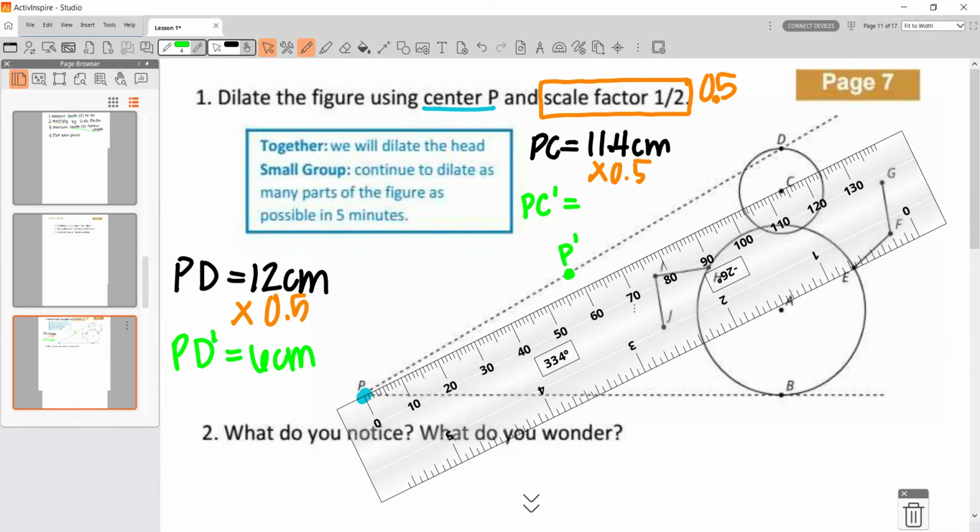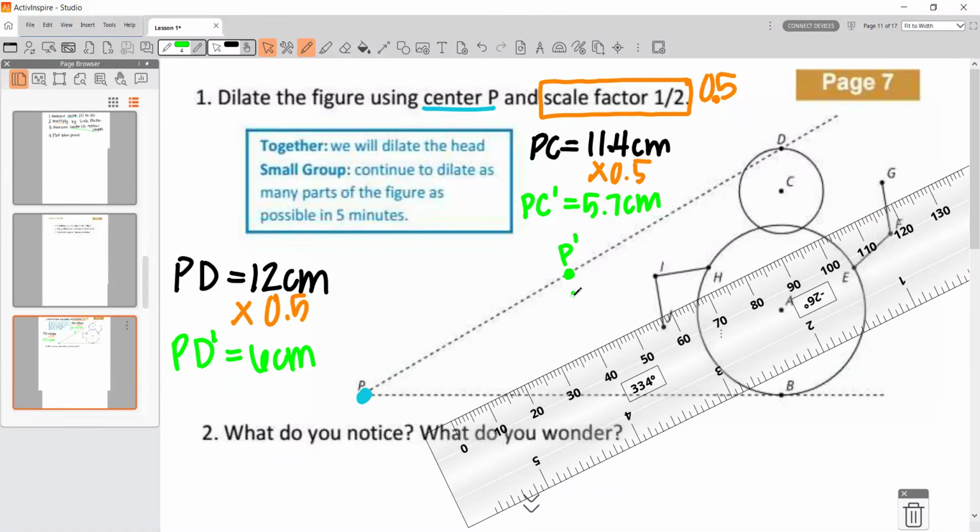Type in 11.4 into your calculator and then times 0.5, and you'll get 5.7 centimeters. Make sure your ruler is still 0 on P and it goes through C, and then count to 5.7. So there's where C prime is.